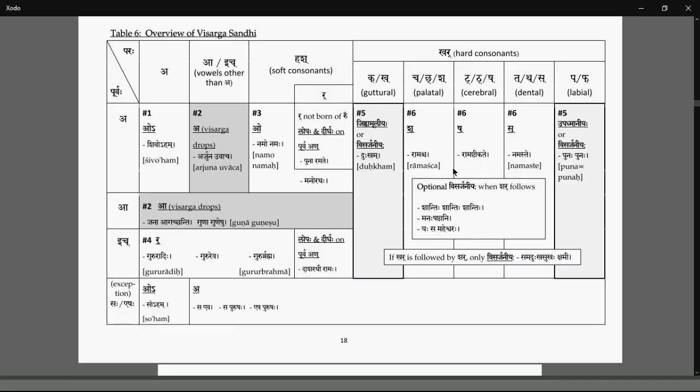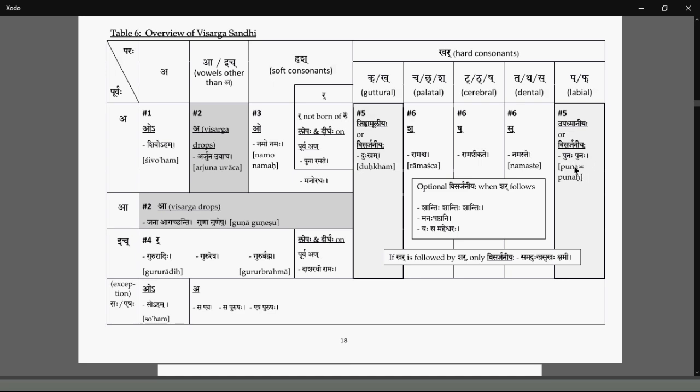And so on. I will not go through all the Sandhis. I'll just mention Ramashtikate. Ramaha followed by Takara, Ramaha Tikate, the Visarga will become the Murdhanya Shakara: Ramashtikate. And Namahate is Namaste.